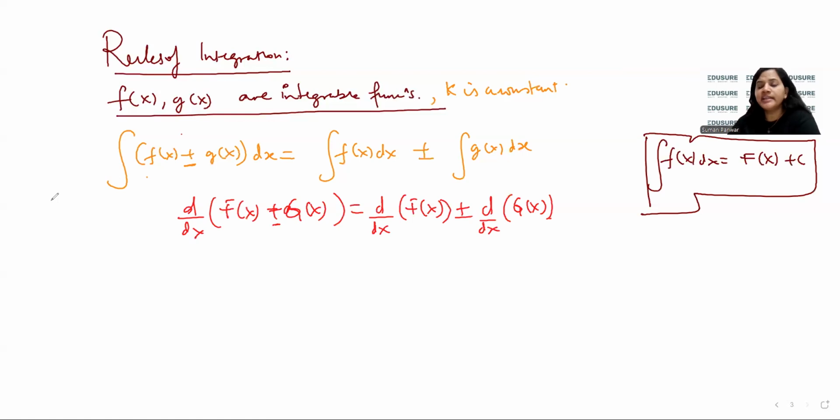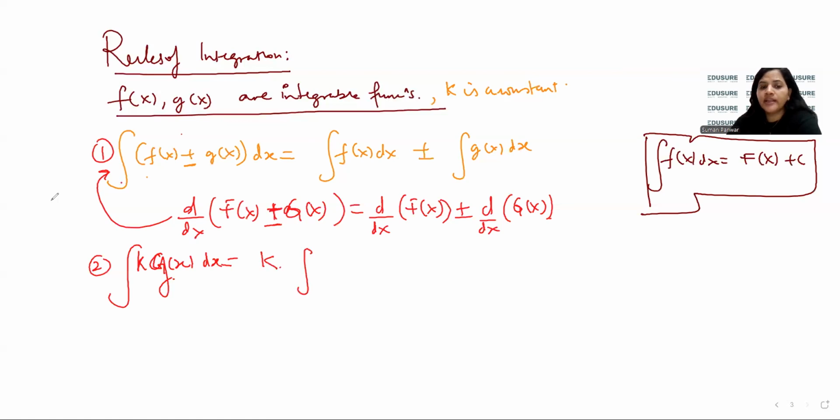So basically, integration is a reverse process of differentiation. So since in differentiation we have these rules, these are going to follow in integration also. Okay. Second is, if I multiply my function with a constant k, for example, if I have k times g(x), k can be taken out of the integration of g(x). Okay.